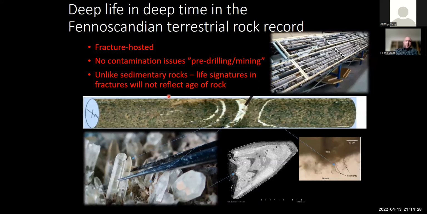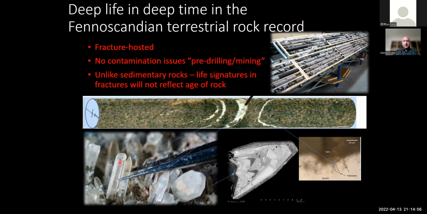So if we go down into the deep life in deep time perspective, we are looking at the drill cores mainly, and we are looking at fractures. There is about 1 fracture per meter in these rocks. Closer to the surface, there are more fractures, maybe 2-3 per meter. But in some of them, we can find crystals, vugs with crystals.